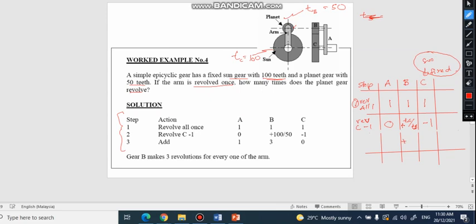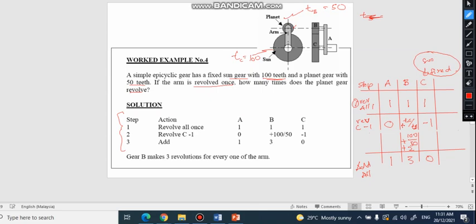TC is equal to 100, TB is 50, right? So this is plus 2, right? So if I add them together, so third step is add all. So this becomes 1 plus 0 is 1. So 1 plus 2 is 3. 1 minus 1 is equal to 0.